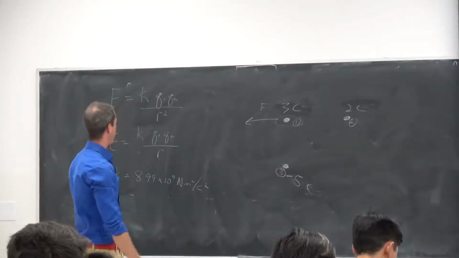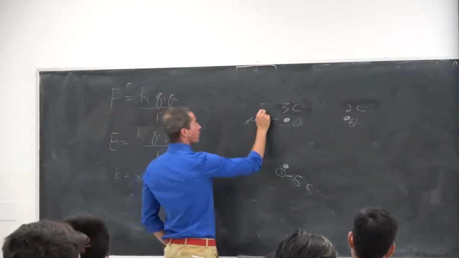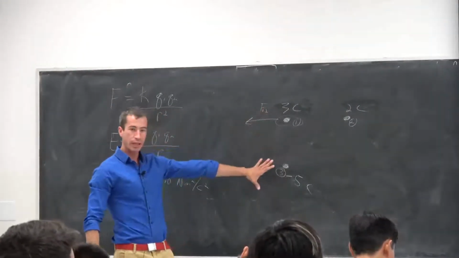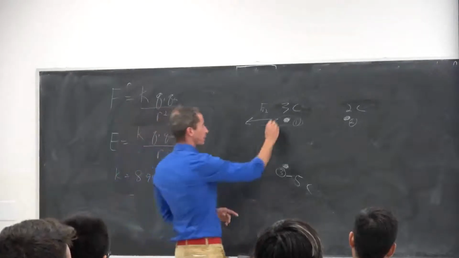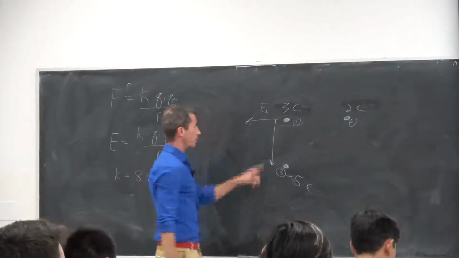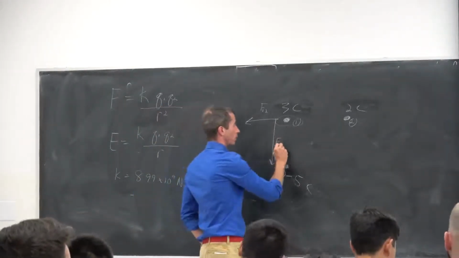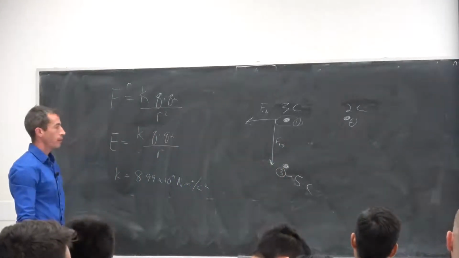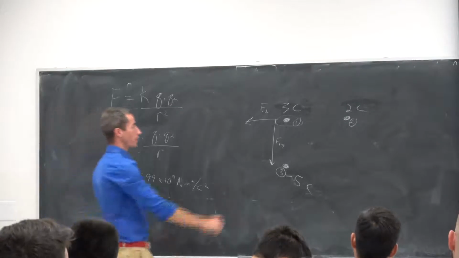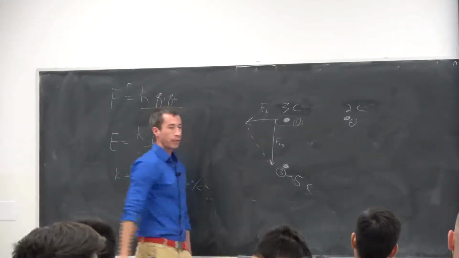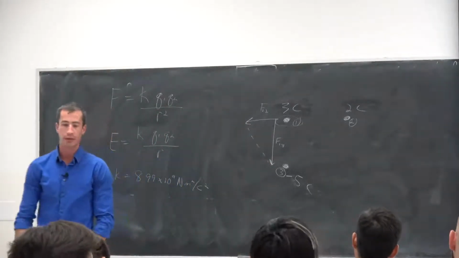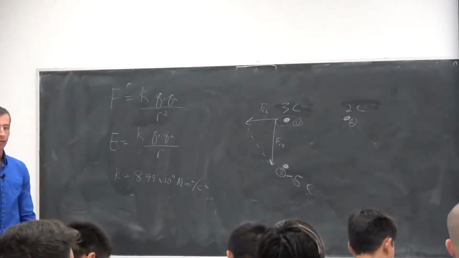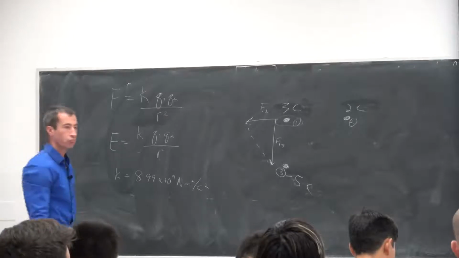So then we could just calculate the overall force 1, 2 here. What's going to be the overall direction here? Down, right? This is going to be attractive. And so this is going to be the force 1, 3, right? And so then we could just use some mathematics and the Pythagorean theorem to calculate the overall direction and force magnitude of that charge, right?